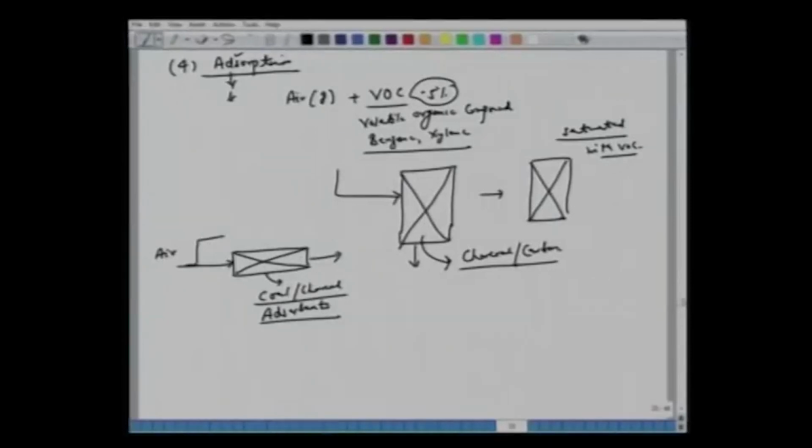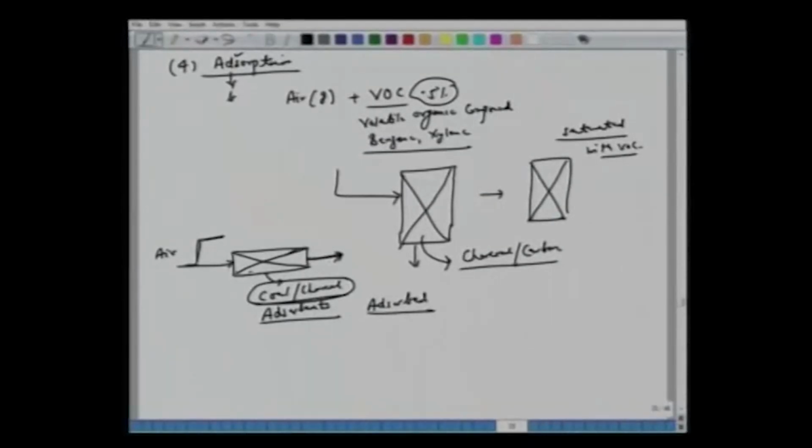So in the beginning, when the charcoal or these adsorbents are fresh, then at the exit you will see that there is no VOCs coming out of this. So if you put some instrumentation here, it will not be able to measure VOCs. Why? Because VOC has been adsorbed by this charcoal.